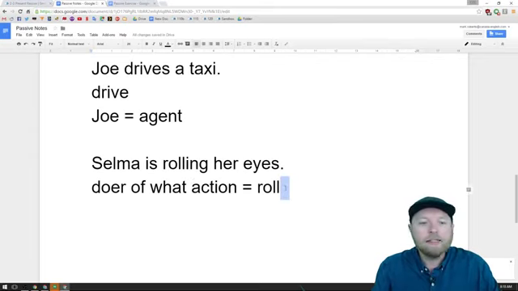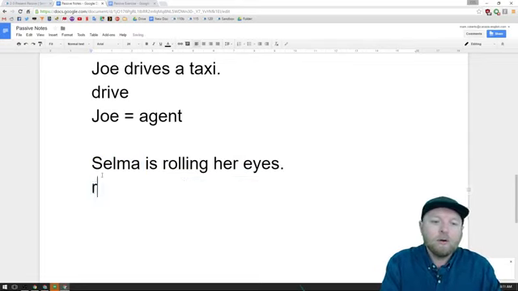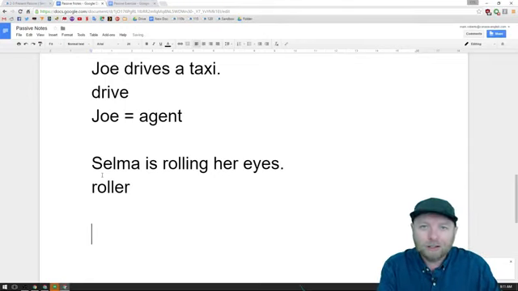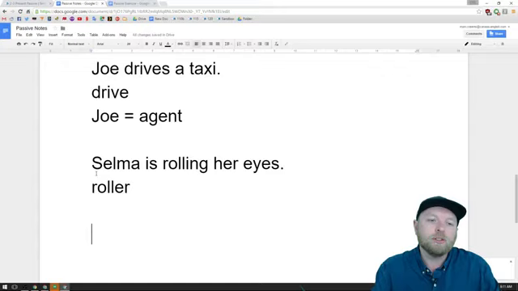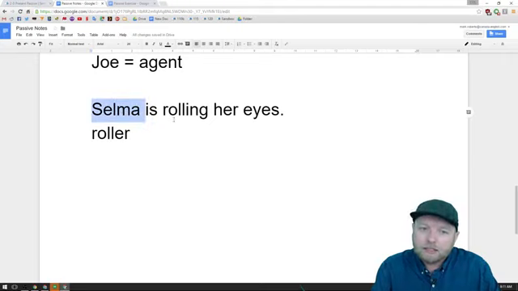So in this sentence, Selma is the doer. She is the agent, okay? So we'll just say she is the roller, right? Of course, that's kind of strange English. We don't talk like this usually, right? Now, the agent of the verb is here.